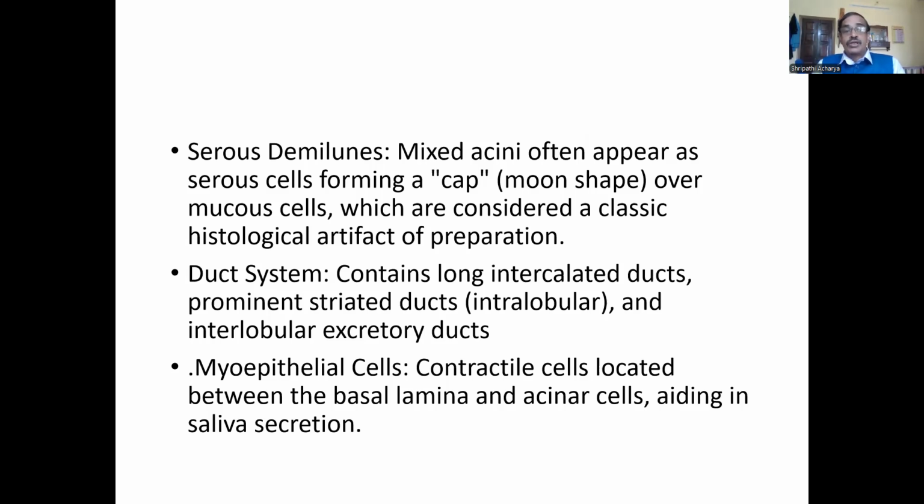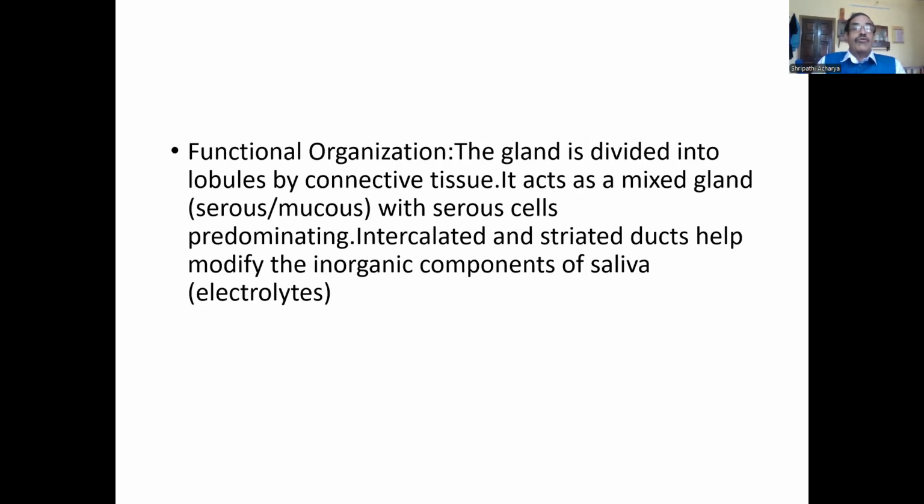Myoepithelial cells, contractile cells located between the basal lamina and acinar cells, aid in saliva secretion. Functional organization: the gland is divided into lobules by connective tissue. It acts as a mixed gland, serous and mucous, with serous cells predominating. Intercalated and striated ducts help modify the inorganic components of saliva, that is, electrolytes.